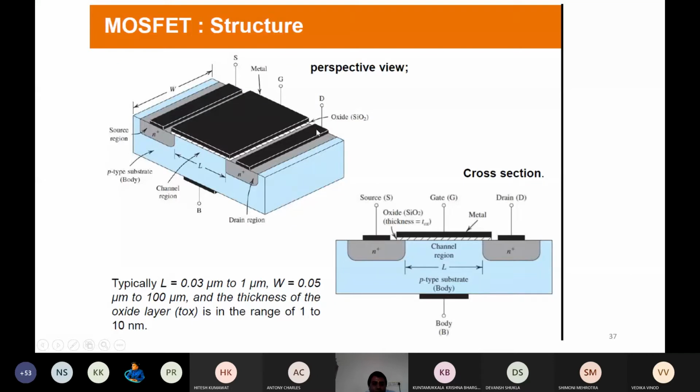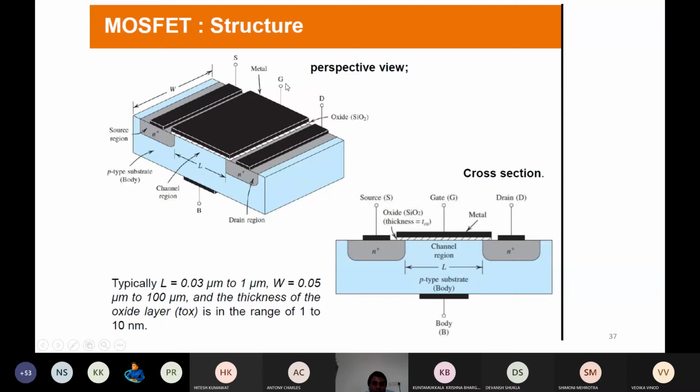Here also some metal contact is taken, and in between there is a dielectric, silicon dioxide, and on top of the silicon dioxide there is polysilicon, and it is acting as a gate. So contact is taken from this polysilicon, acting as a gate, and the channel is formed between the N plus source and N plus drain after the gate bias is properly applied.